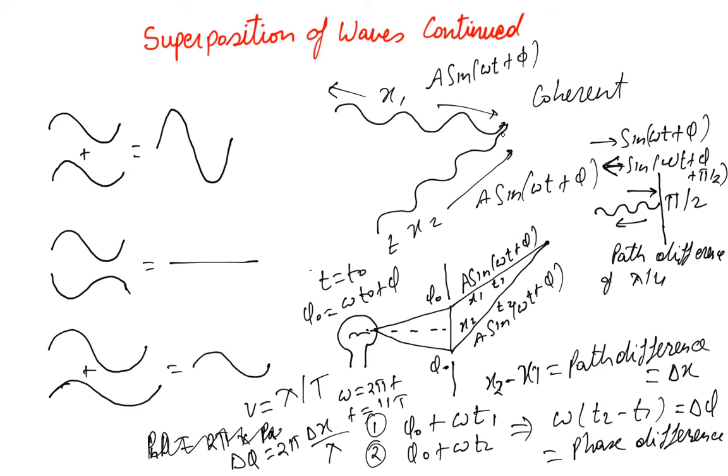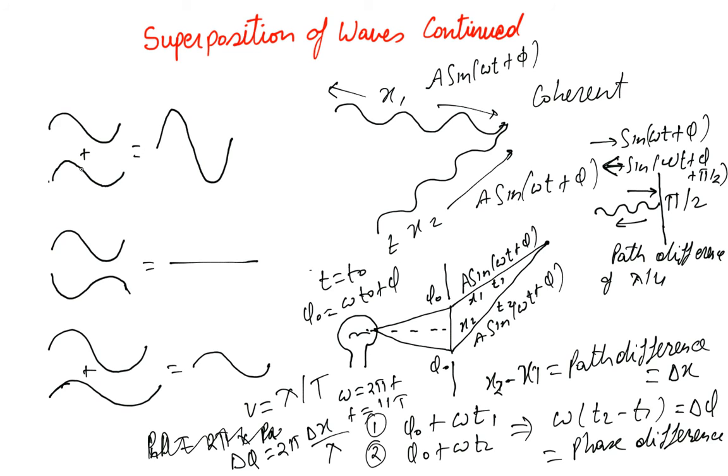So the waves should be on top of each other if you want a maxima there. When these two waves are on top of each other, you see these two waves differ from each other in multiples of lambda, which means if the path difference between these two waves is 0, then you have maxima.